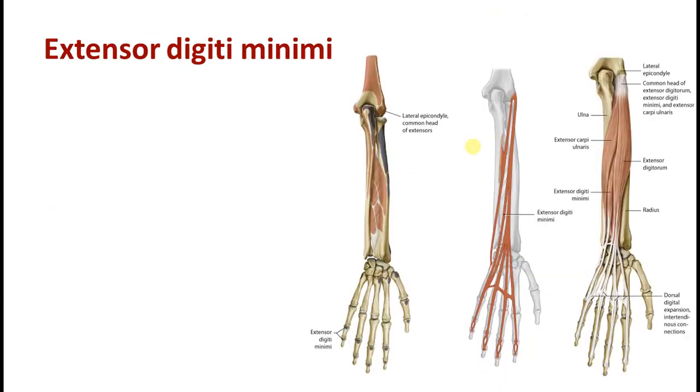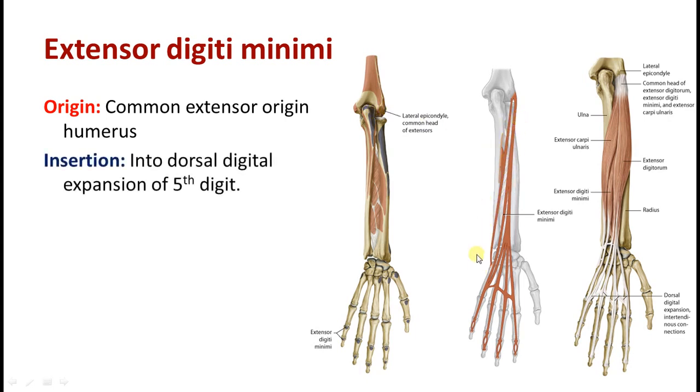The next muscle which we are going to see here is the extensor digiti minimi muscle. Extensor digiti minimi again arises from the common extensor origin of the humerus. You are able to see this small tendon which goes to the little finger. Insertion is into the dorsal digital expansion of the fifth digit.